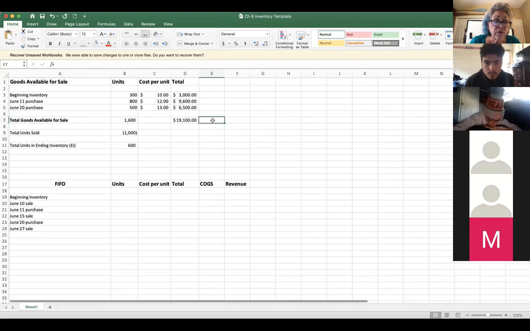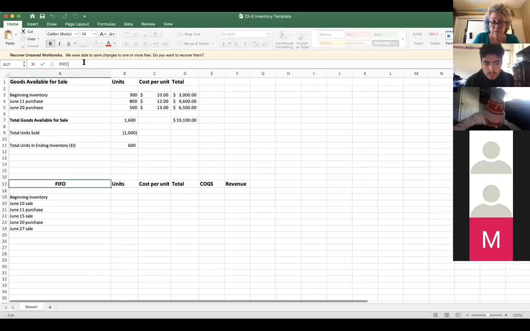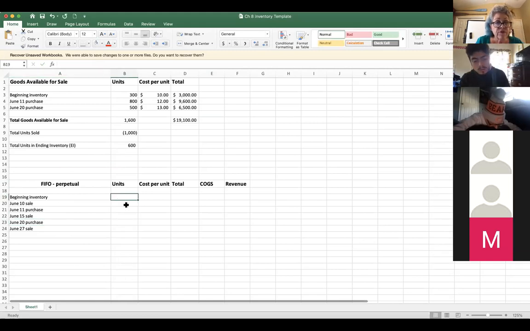So now let's look at what ending inventory, cost of goods sold, and gross profit would be under FIFO perpetual. Okay. Now my beginning inventory, I don't know if I had this down at the bottom.